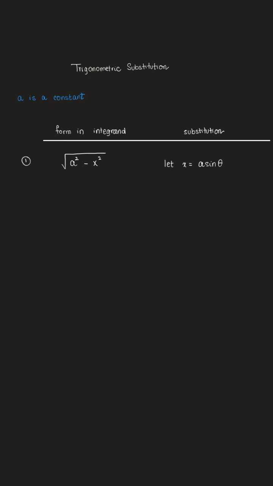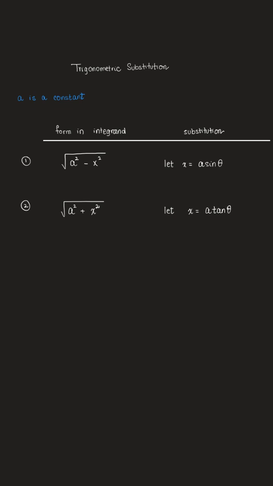The second form that we might encounter, another square root, and this time it's going to be a sum of perfect squares. So a squared plus x squared, where x is still our variable and a is a constant. And if we have this form, we're going to let x be a tangent theta.